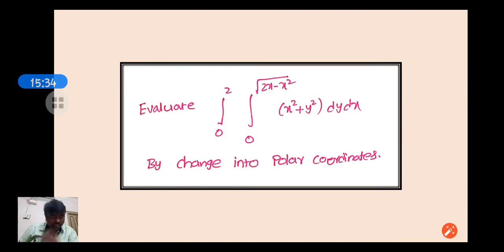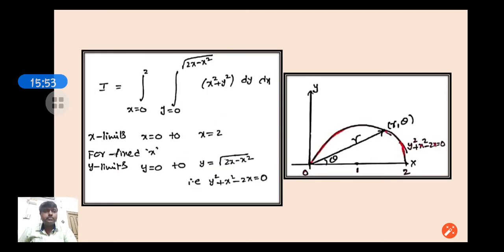Here it is also a double integration in Cartesian coordinates. One thing you observe is that the limits are variable limits. Now I try to change the Cartesian coordinates into polar coordinates, and with the help of the transformation I can evaluate the double integration.